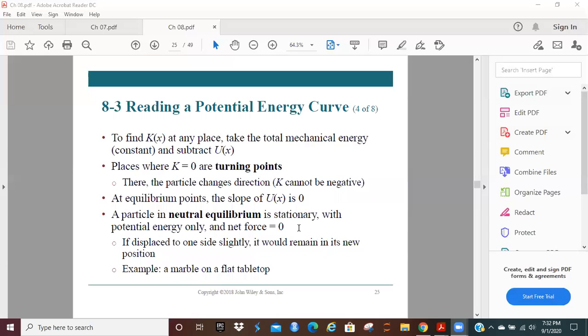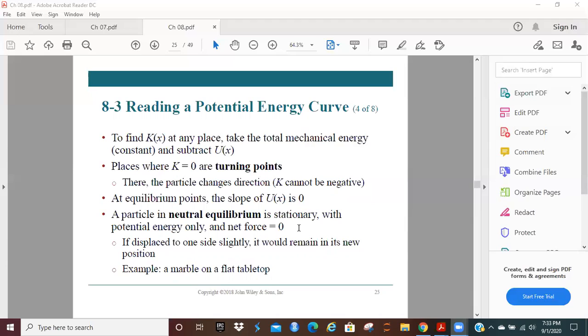So to find the kinetic energy at any place, we can take the total mechanical energy and subtract the potential. Places where K is equal to 0 are considered to be turning points. In other words, those are areas in which the particle changes direction, because we can't have negative kinetic energy. We can have none, but we can't have negative.